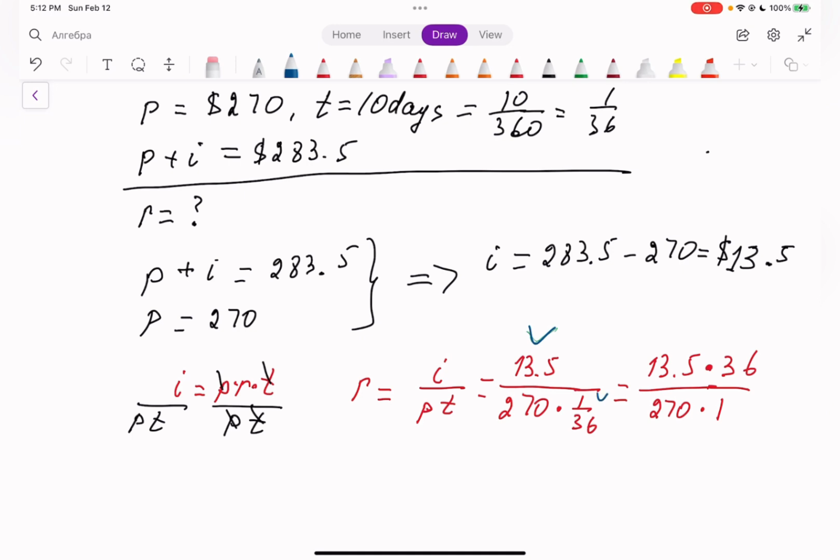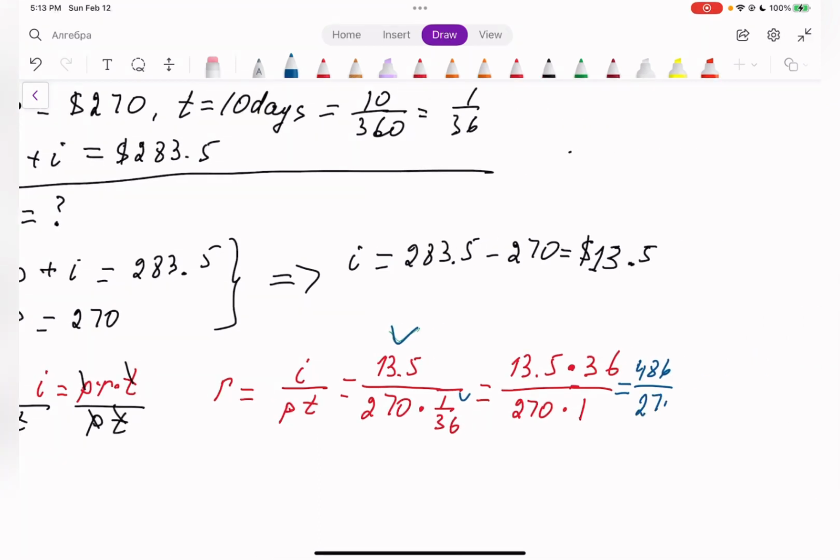Division by a fraction means multiplying by the flipped fraction. Let's do the operation. 13.5 times 36, I'm getting 486, divided by 270, and getting 1.8.